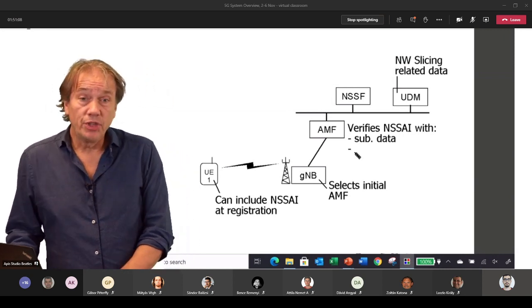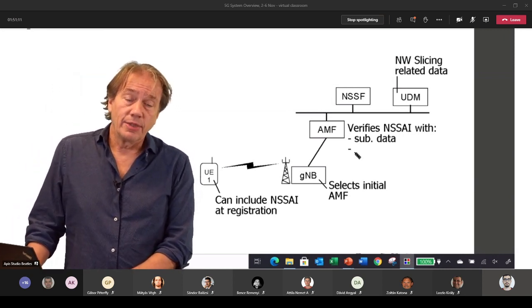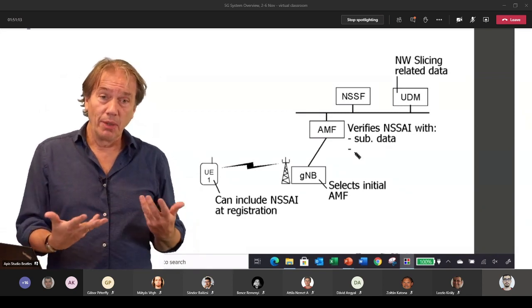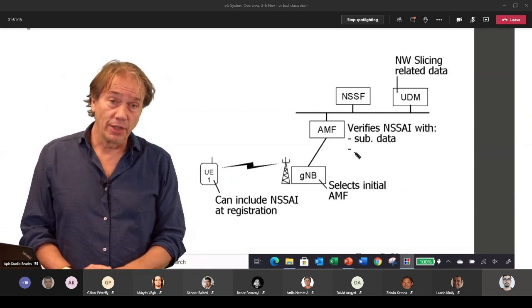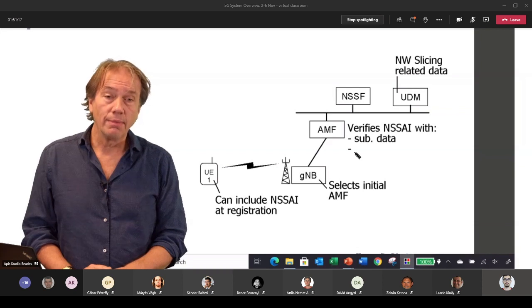And it will also check is there a suitable network slice instance available.